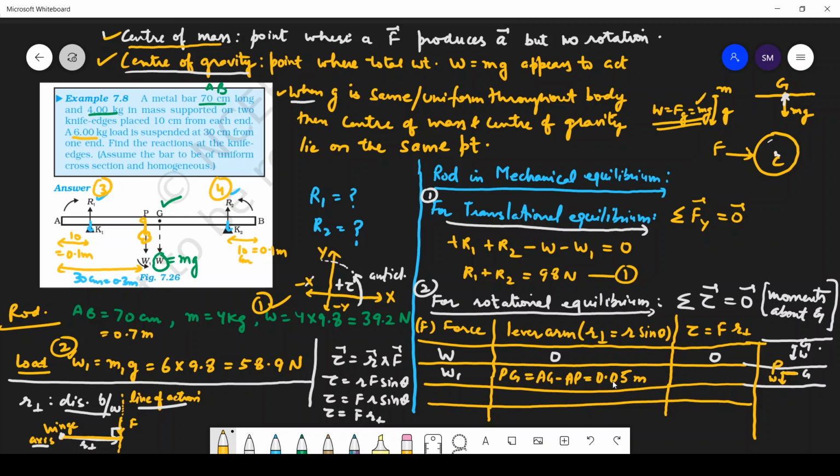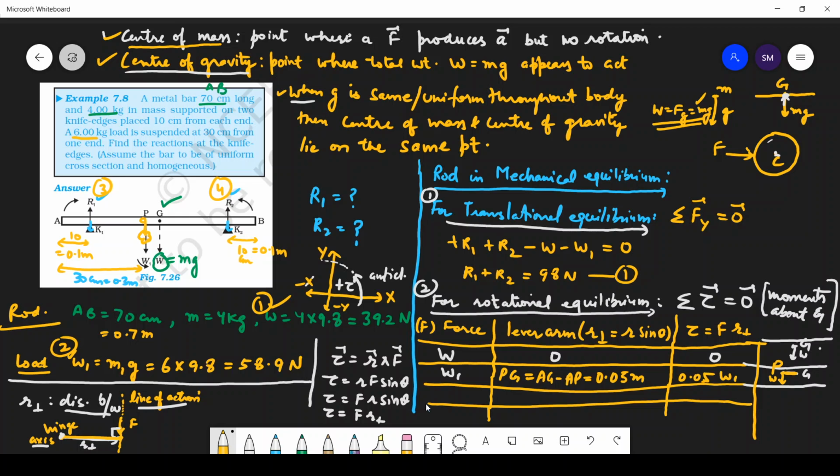This is 0.05 into W1. W1 you have already calculated. Okay, so multiplying these two, or here you can write 0.05 into W1.